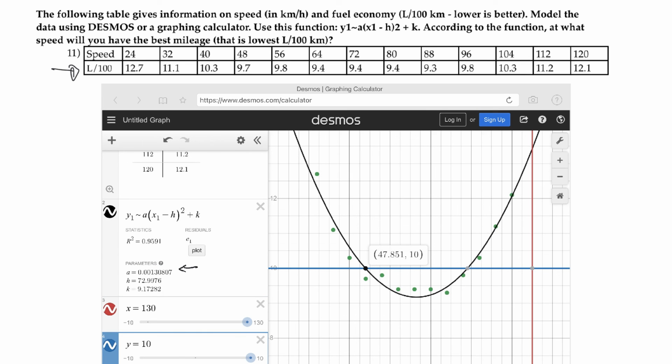So if I go 47 kilometers an hour, 48 kilometers an hour, I'll get a mileage of 10 liters per 100 kilometers. And over here, I can tap there too. And so if I go 98, I'll also have a mileage of 10. Okay, hopefully that helps you in using Desmos to answer some questions about some data.